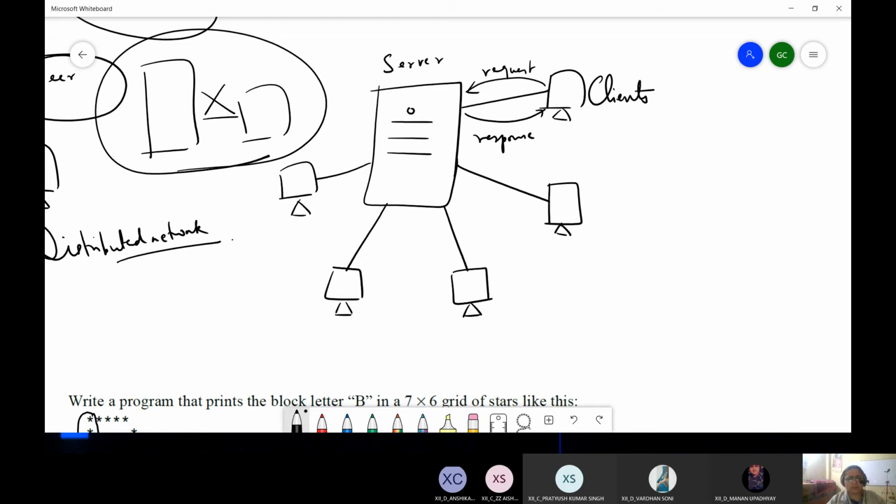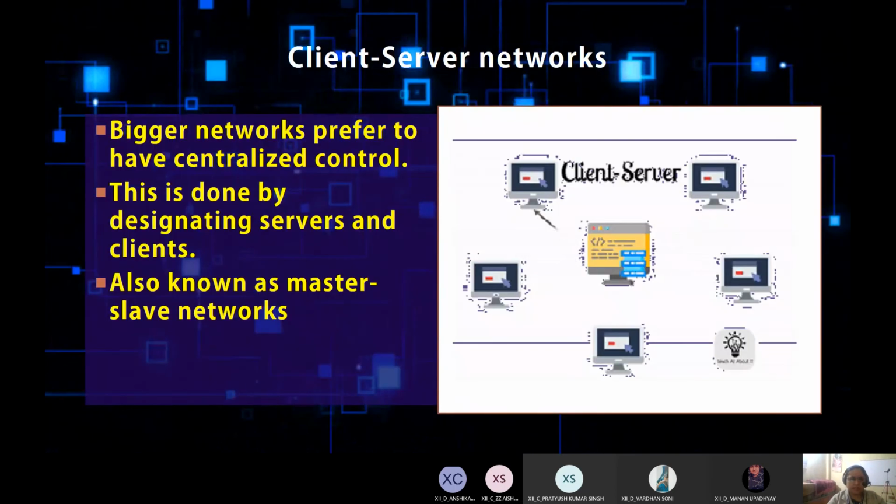That employee is going to enter the account number in the software, and immediately your account details are in front of you, which you get in the form of a hard copy, right? So the request is sent in the form of the bank account number, and the response is received in the form of a hard copy or your account information soft copy, right? So this is a client server relationship.